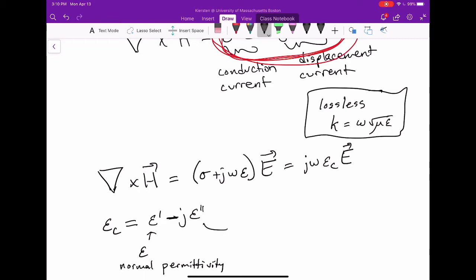But epsilon double prime is because epsilon c is equal to epsilon plus sigma over j omega. And as you know, when you divide by j, that's the same as multiplying by minus j. So that's why over here we have a minus j. So epsilon double prime here is sigma over omega.